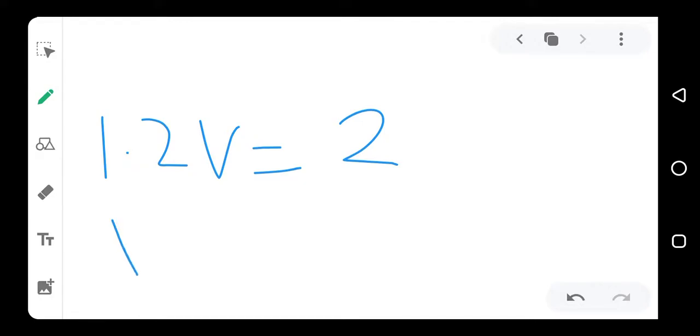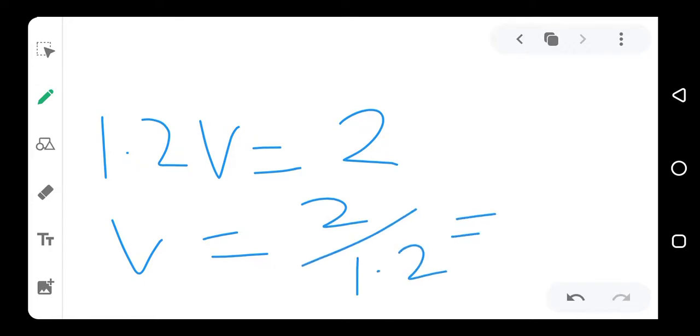So V is equal to 2 over 1.2, which is equal to 3.3. So this is the answer.